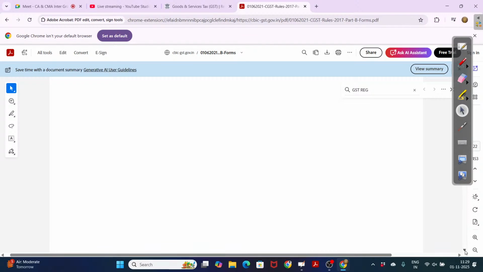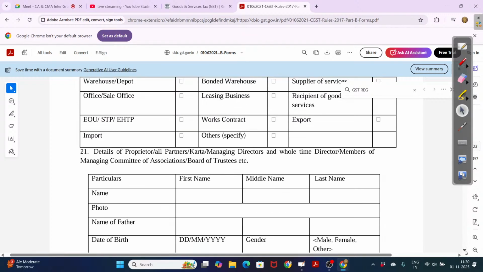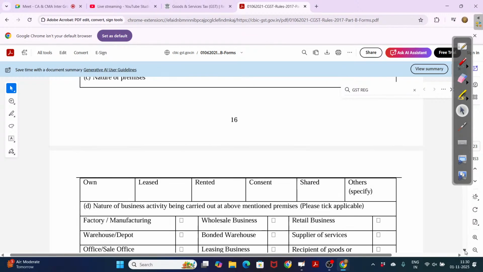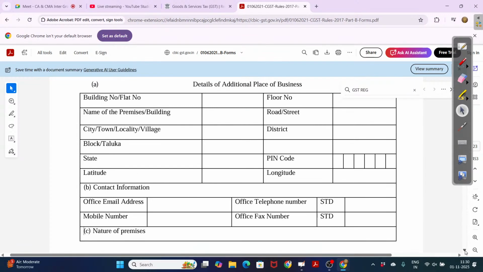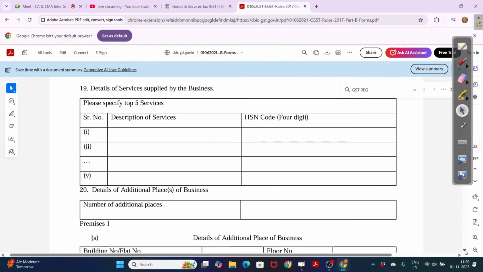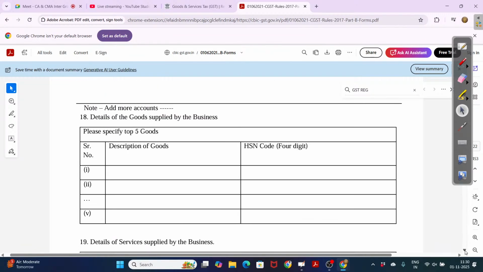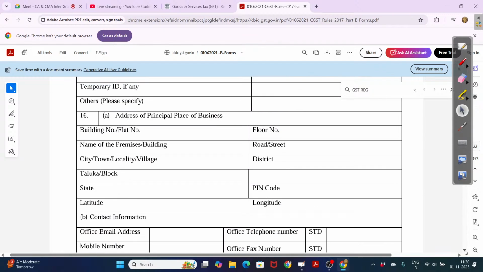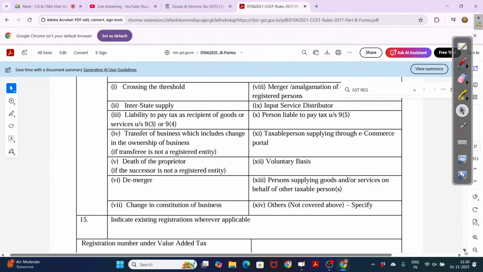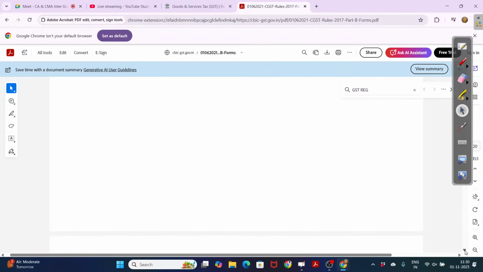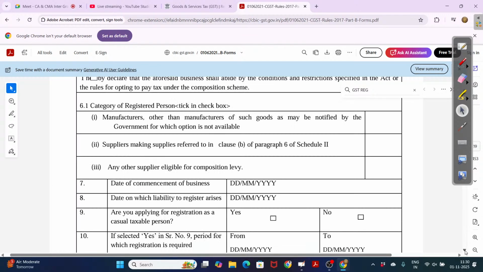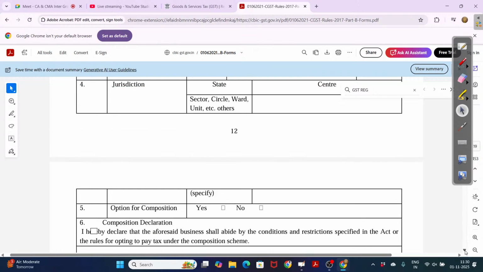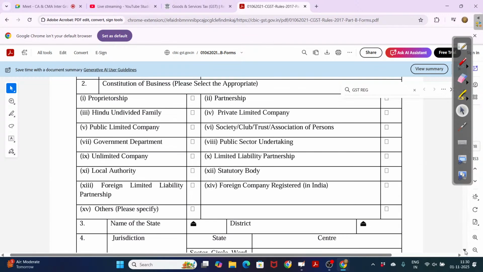So you have to give all the details. What are the services you are undertaking?